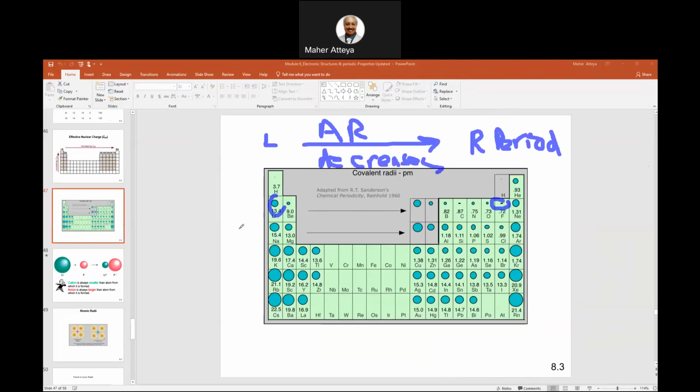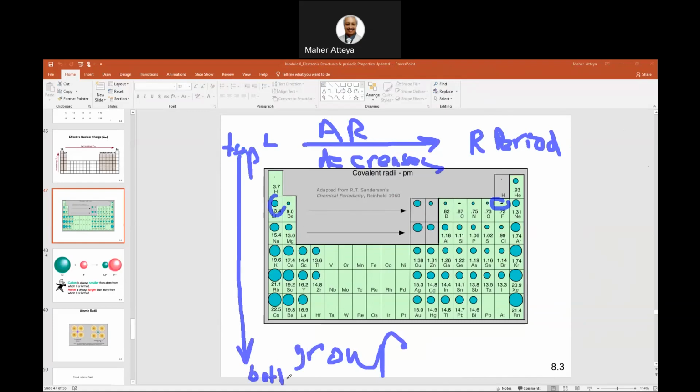But if you go within the group, this is the group here, guys, from the top of the group to the bottom of the group, you'll see atomic radius increases.